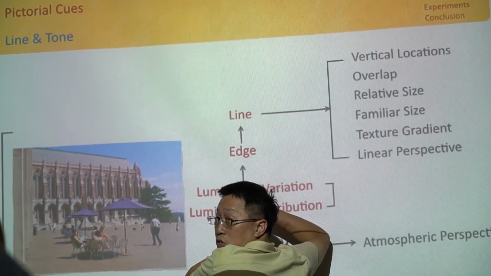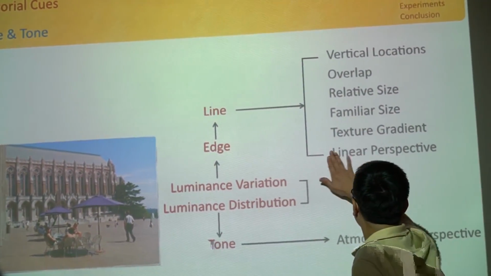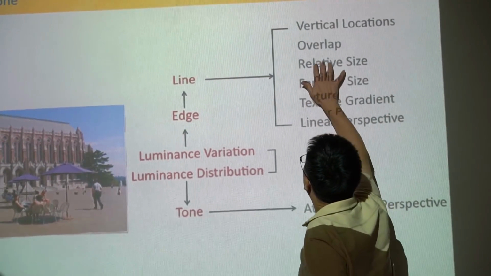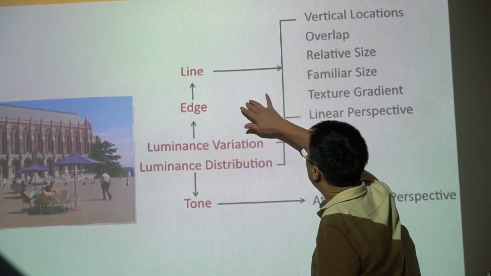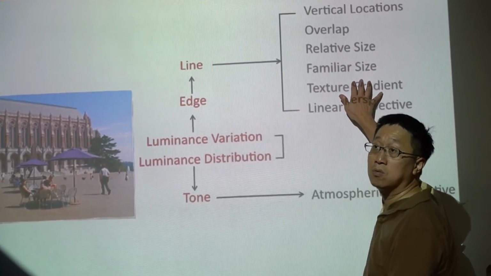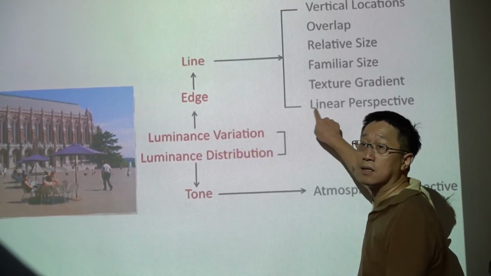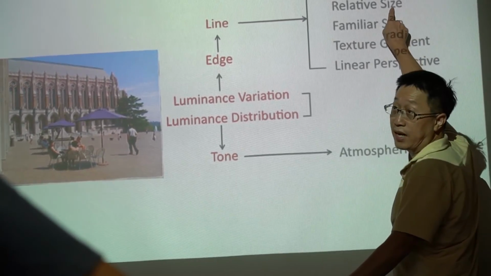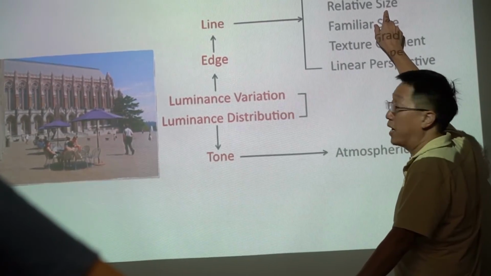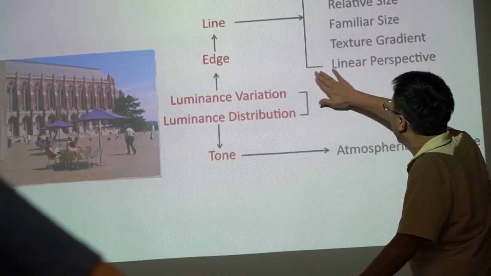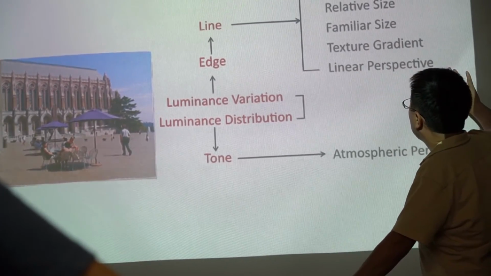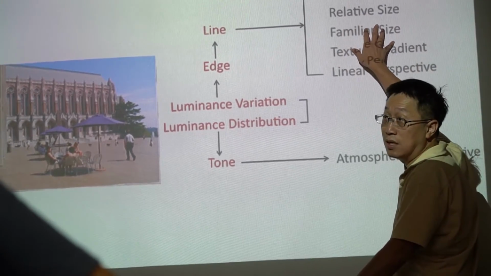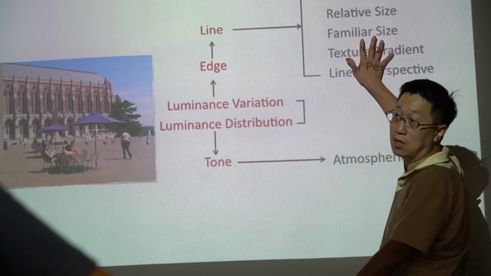So you can use linear perspective to carefully organize all those line or size related depth cues, if you've done this correctly. Texture gradient is just a whole bunch of relative size, the same thing, right? So I'm thinking that we have to use linear perspective carefully and correctly to place all the elements and create another depth cue in our sketches.